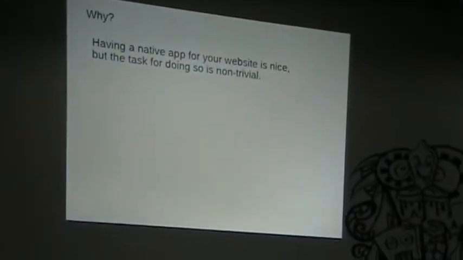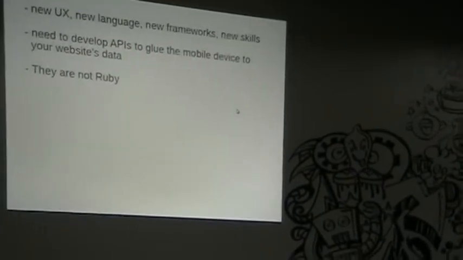All right. So why did I do this? There comes a point in time where you have a website and you want to build a native app, but unfortunately starting to do that is not easy. So, you have to build new UX.